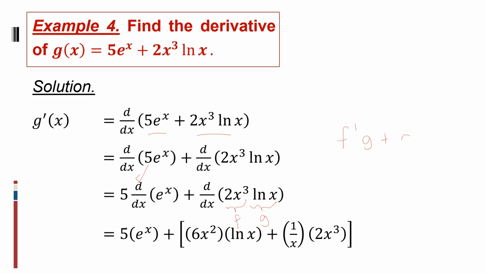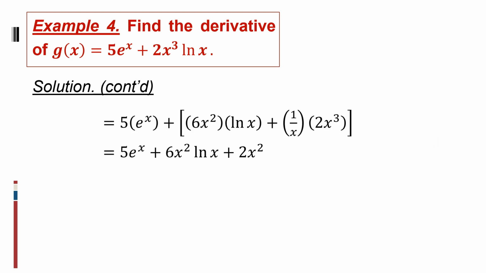f prime g plus g prime f. So, our derivative of the first is 6x squared. Then, our g. Plus, the derivative of g, that is 1 over x. Okay? And our f.